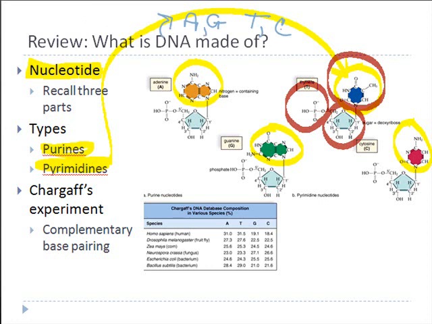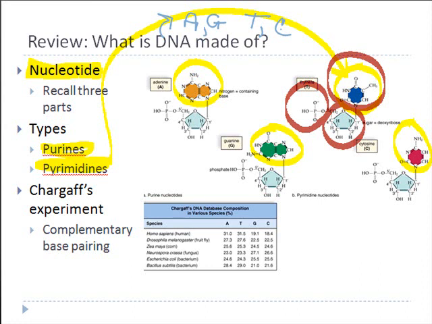Okay, there's another experiment that's briefly discussed in your book, and I'm not going to go really over the details of it, but Chargaff's experiment was the experiment using radioactively tagged markers on these different nucleotides to determine the relationship of how these nucleotides interact with each other in DNA.